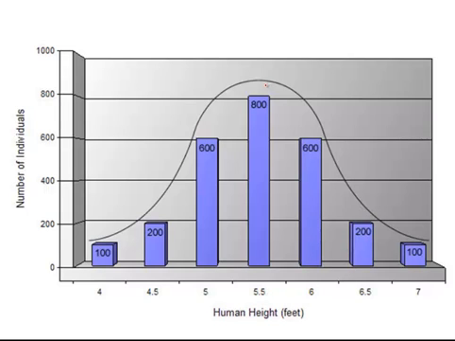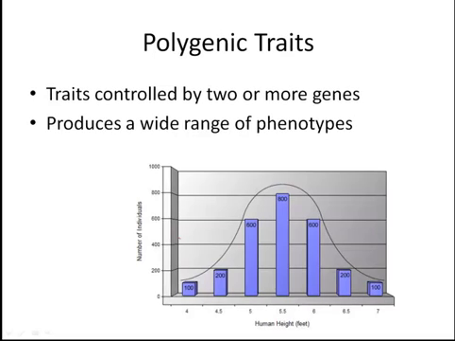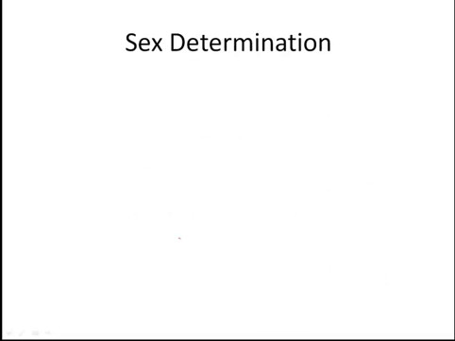So the average height for people is 5.5 feet, okay? That's like 5'6". On either side of that, you have your 5 feet and you have your 6 feet. Most people fall in that range, and then it's only the other extremes, and that's because there are many genes that will control the height of human beings.